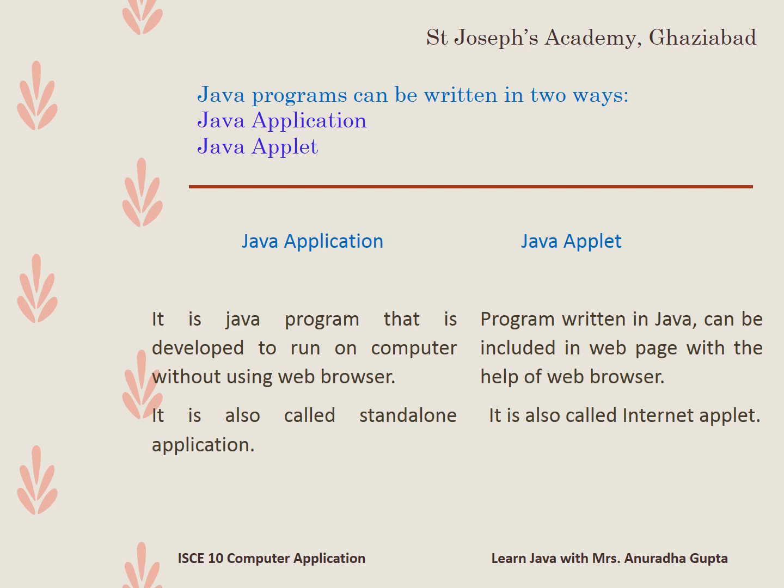It is also called a stand-alone application. On the opposite hand, Java applet programs written in Java can be included in a web page with the help of a web browser. Here we are definitely going to use a web browser. Java applet programs are also known as internet applets.